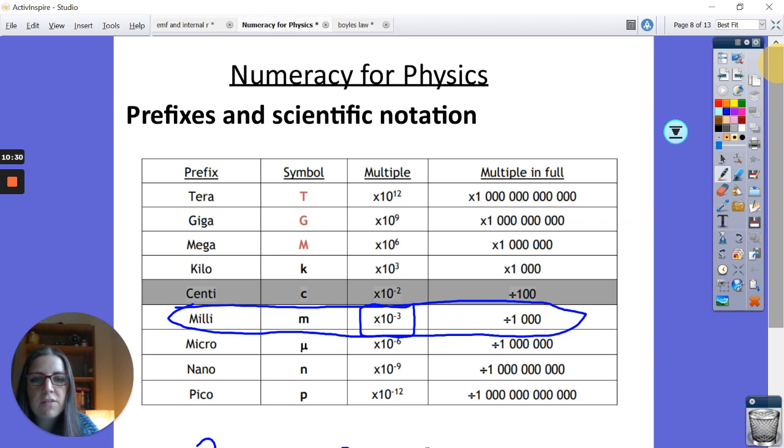The reason it's a bit different to the others is because if you look at the powers of the others, the powers go up in multiples of 3, times 10 to the 3, 6, 9, 12, minus 3, minus 6, minus 9, minus 12. But centi is so commonly used that it's still useful for us to know in physics.